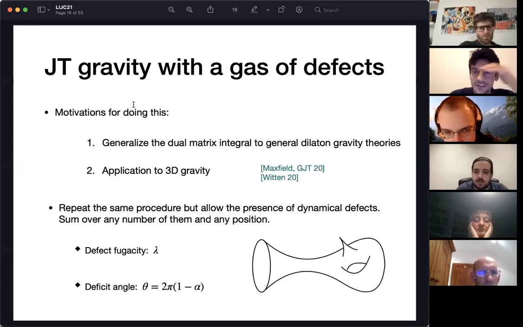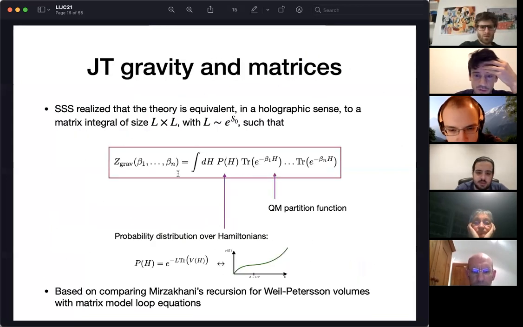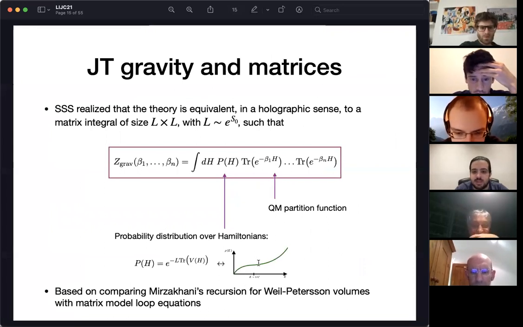Sorry, can I ask a question? Yes. These relations about topological recursions, etc., are already about the double-scaled matrix model? Yeah. And what exactly is the double scaling here? The double scaling just means that this density of states to leading order goes all the way to infinity.